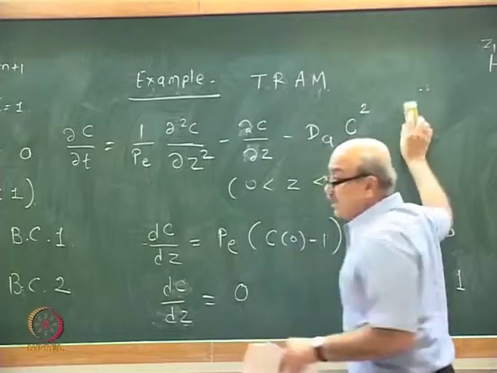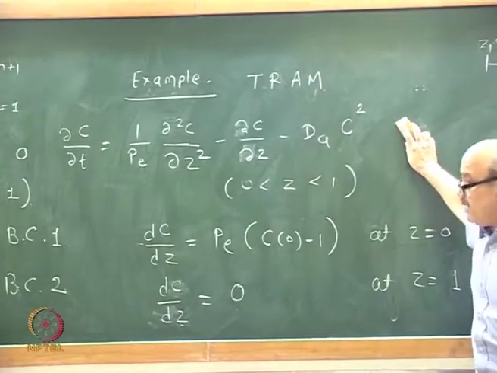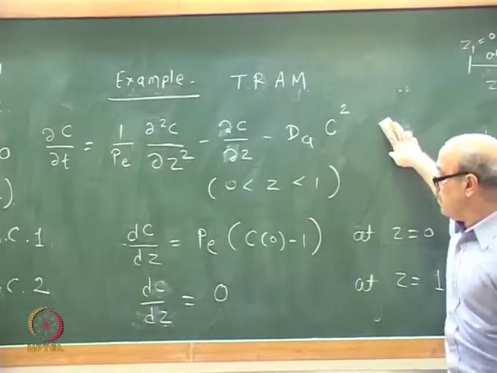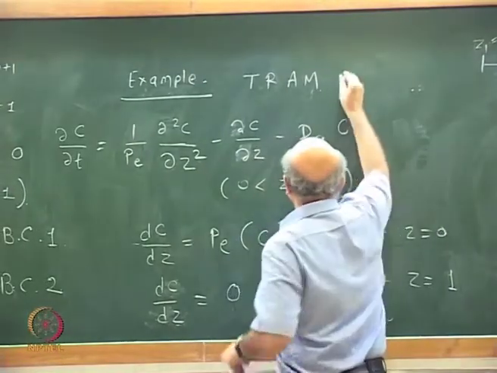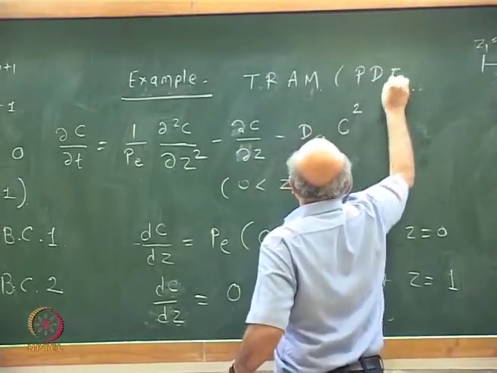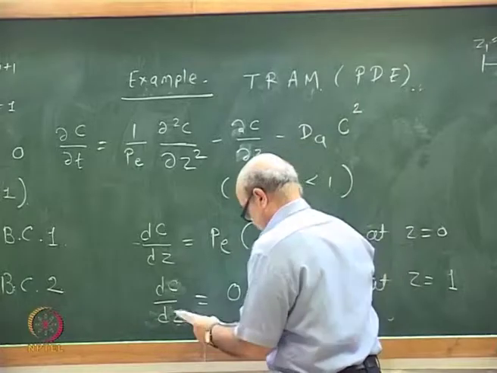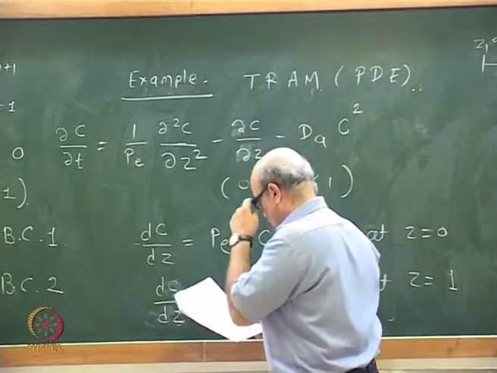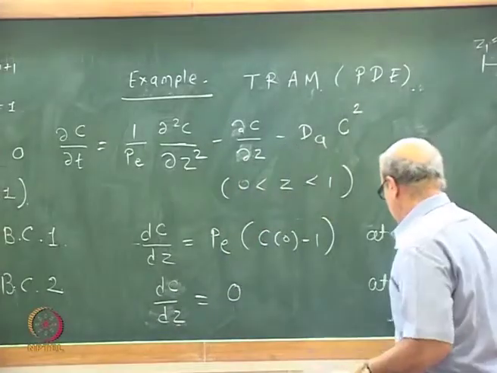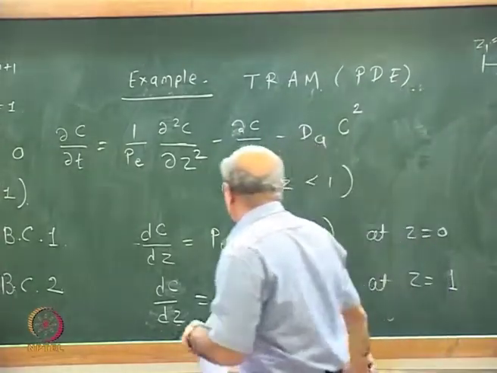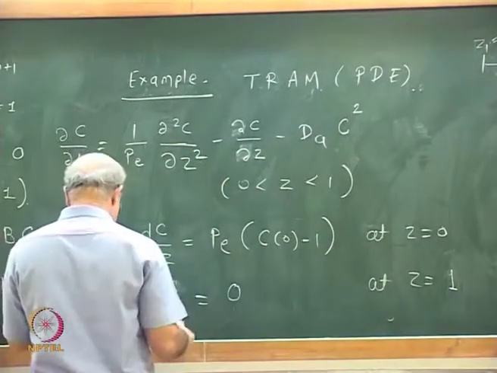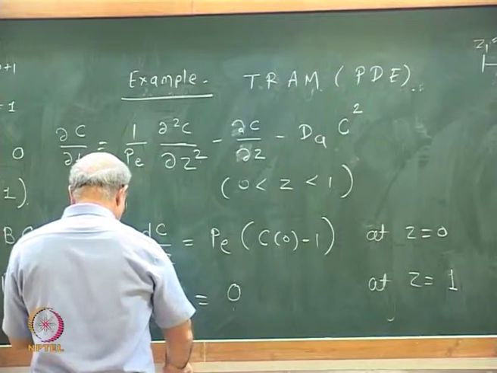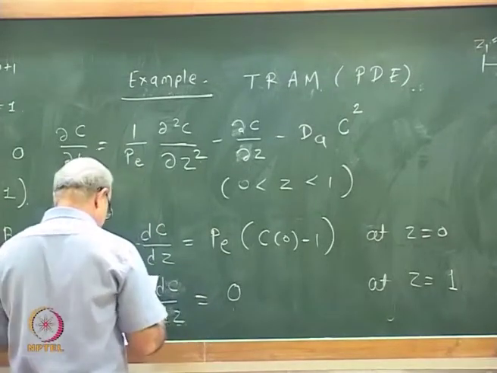The time derivative, earlier we had put it equal to 0, now the time derivative is not equal to 0. So now my second example is this PDE. I want these conditions to hold at all time.